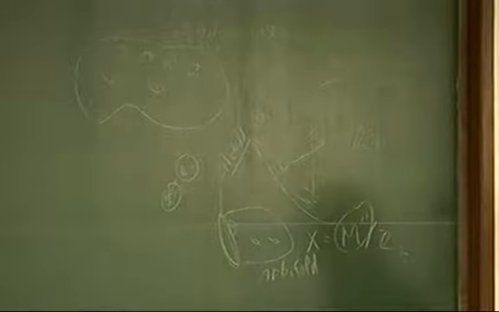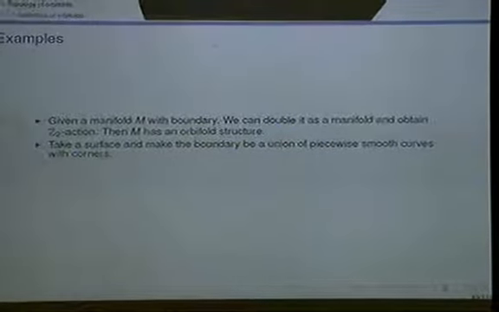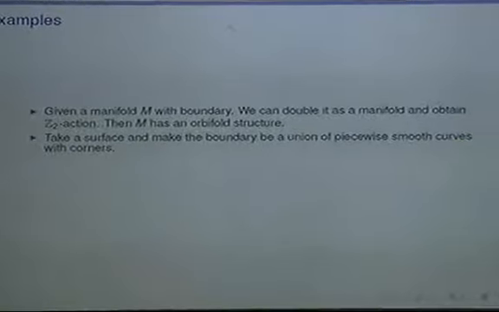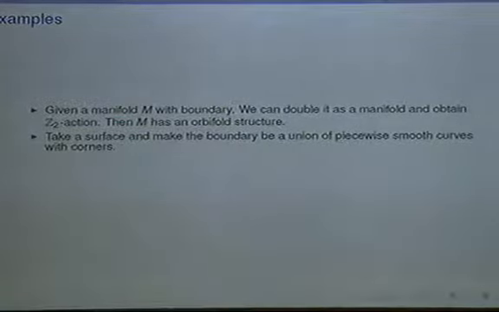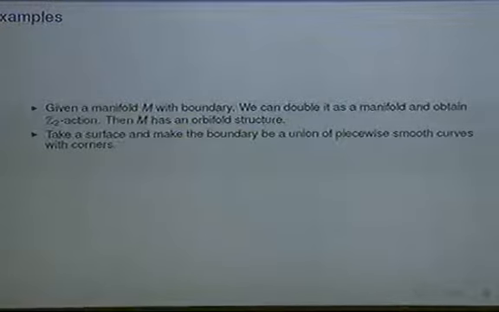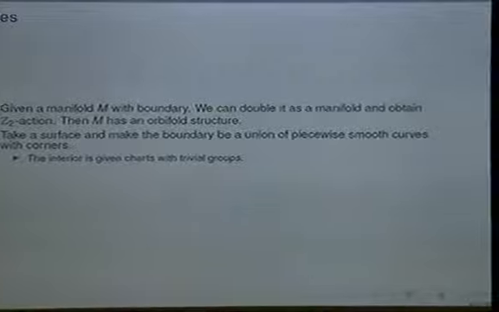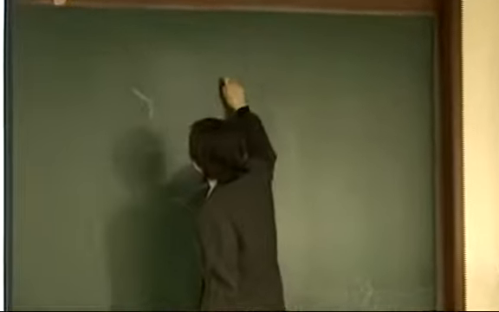And then, for more examples, you take some surface. This surface could have smooth boundary, but let's make it piecewise smooth, so it's more like a cornered manifold now. You mirror these boundary parts, but at the vertex you give a dihedral structure, so you get a corner reflector structure.